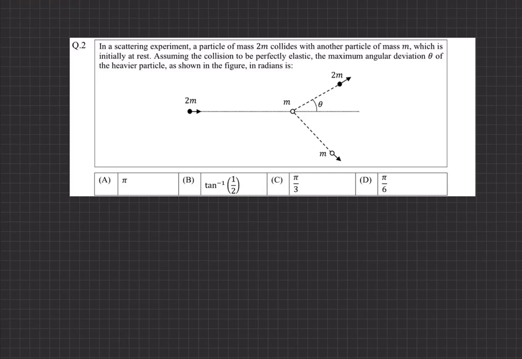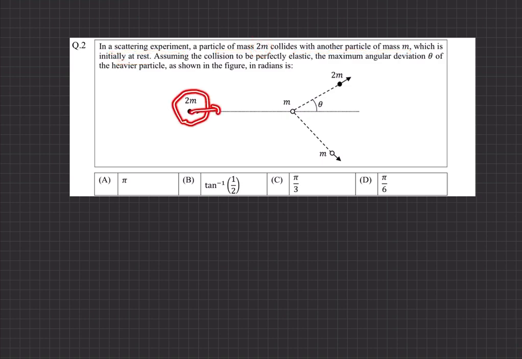Today we are going to discuss a problem from collision which came in the 2025 JEE Advanced paper. This question is from the 2025 Advanced paper, paper 1, and this is the second question. The question reads: in a scattering experiment, a particle of mass 2m collides with another particle of mass m which is initially at rest.